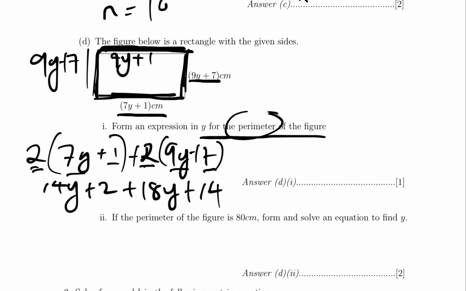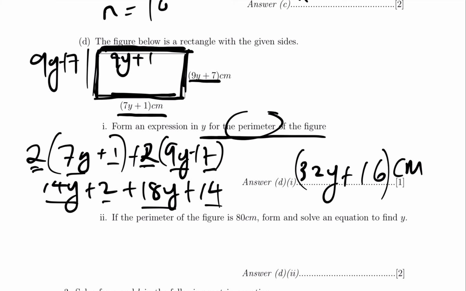Simplifying, 14y plus 18y, you get 32y, plus 2 plus 14, you get 16. So the perimeter of the rectangle is 32y plus 16 centimeters. We are done with the first one.